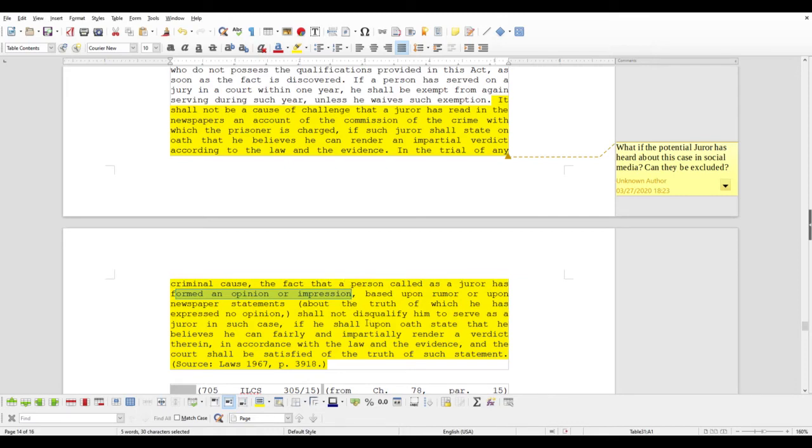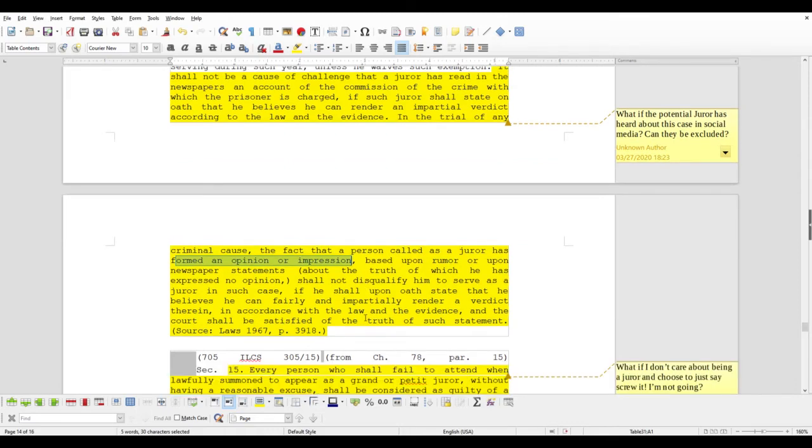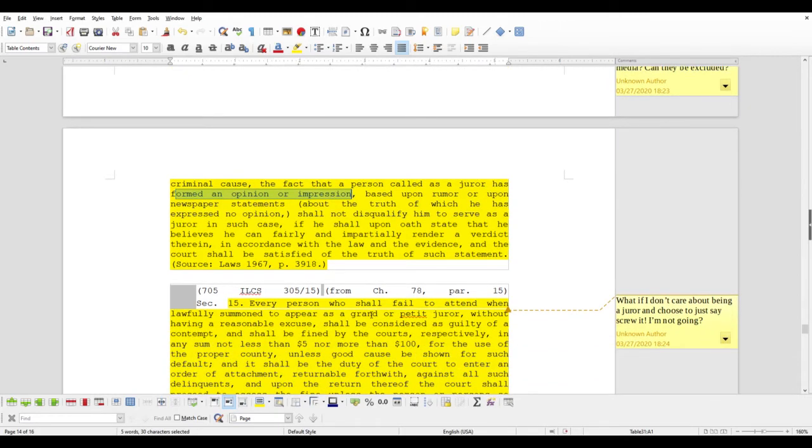This is crazy to me, because I can already think of some cases where people are going to scream bloody murder if a person comes in with a formed opinion. I'm not going to get into those cases now, but that is just absolutely crazy to me. Leave your questions and comments below, let me know what you think about it. And also, I want to know: if a person has formed an opinion, does that make them biased?